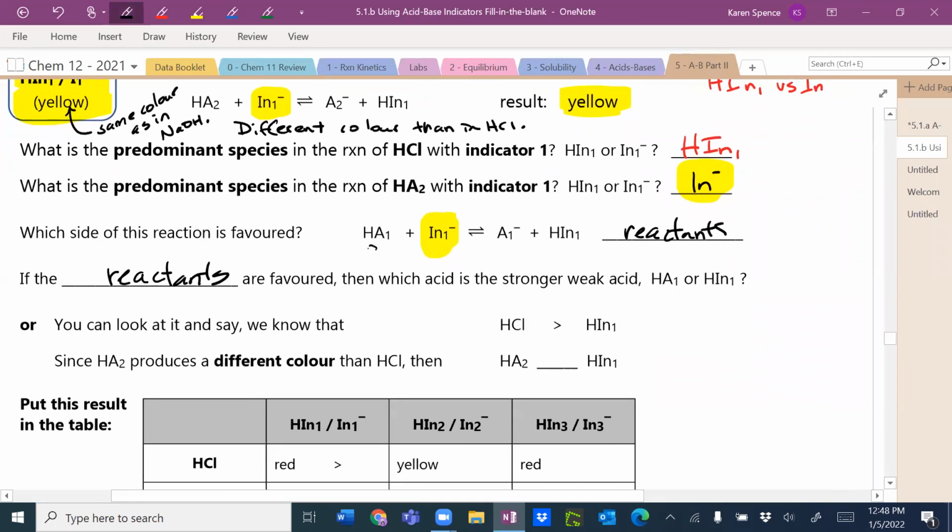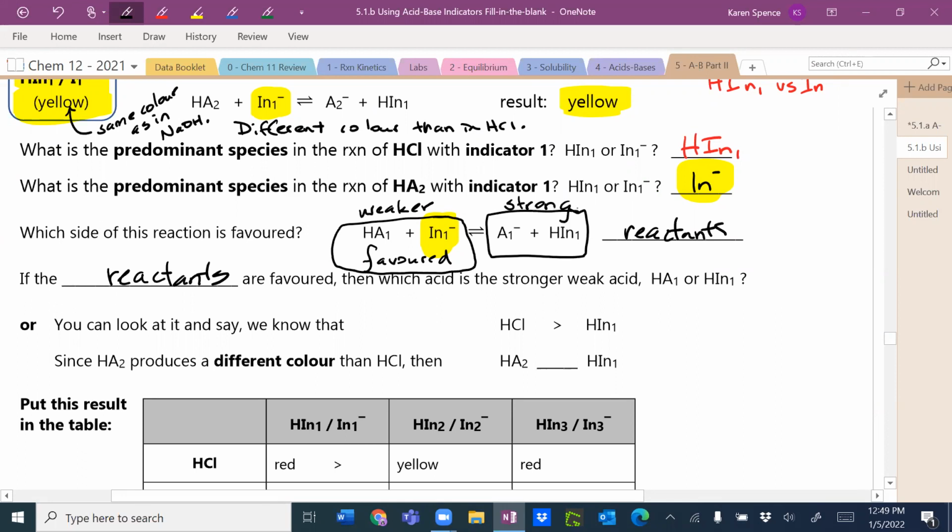So this side over here is favored. And if it's favored, what kind of acid and base do we have on this side, weaker or stronger? If it's favored, these guys must be weaker, and these guys must be stronger.